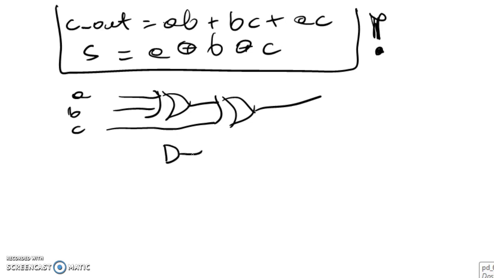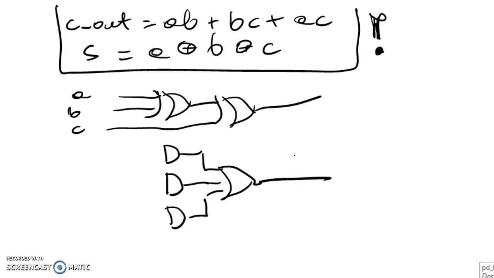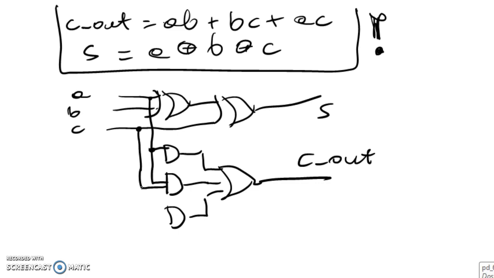You've got AB, BC, and AC, and the outputs must be added together using an OR gate to get Cout, and here you've got S. So let's connect the appropriate bits A and A, C and C, and B here, and B here.